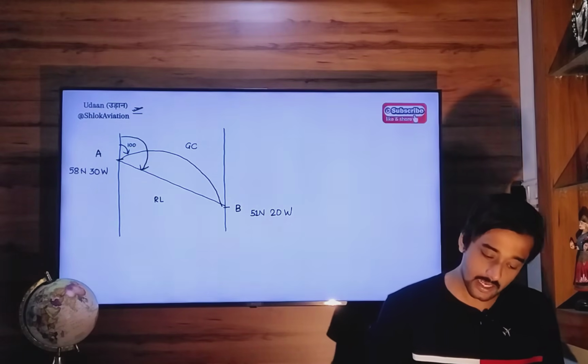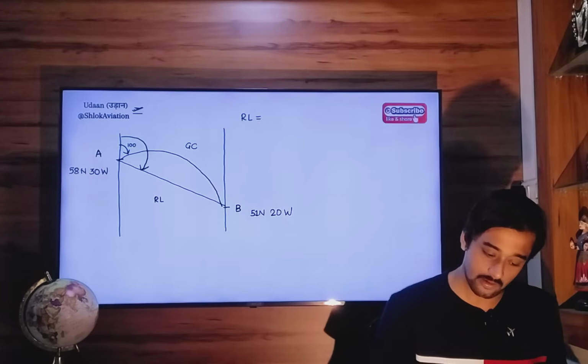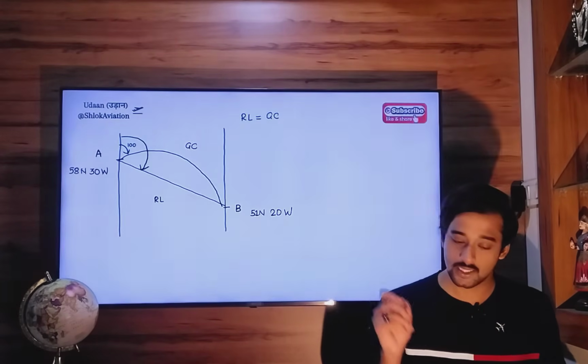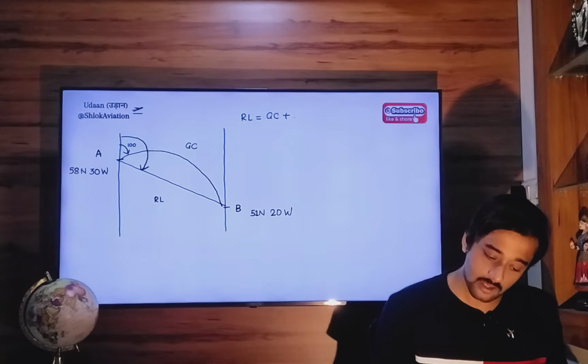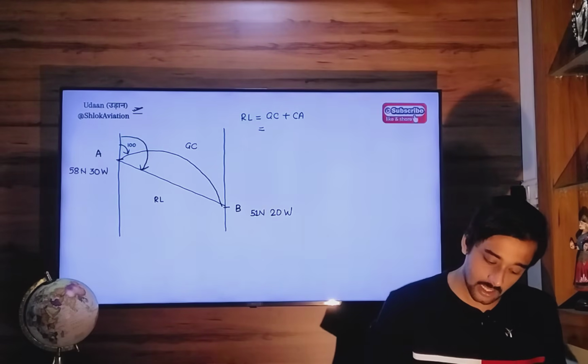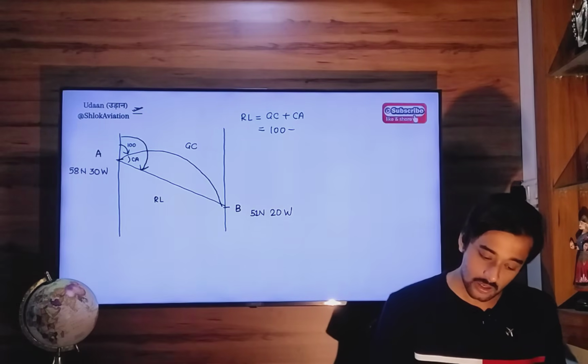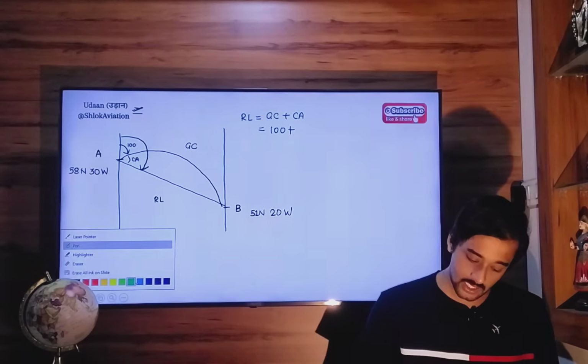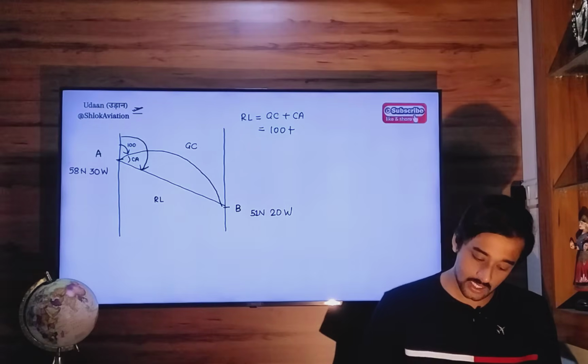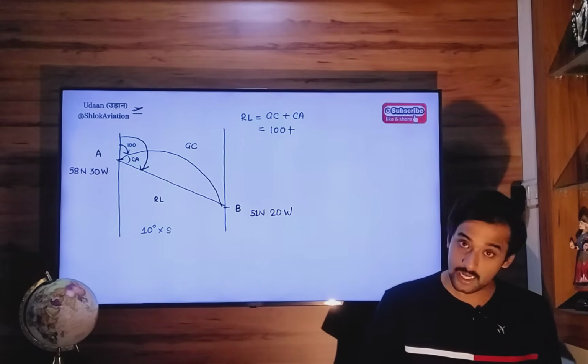Now this rhumb line track is made up of two parts. It is made up of the great circle, the small angle as I have drawn there, plus the convergency angle between them. Okay, so great circle is 100. Find convergency. Convergency is d long, which is 10 degrees, into sine lat.